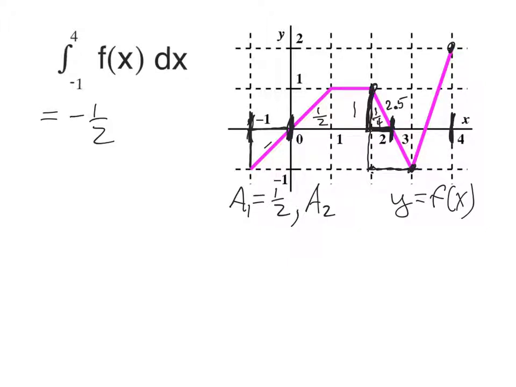Okay, 1/4 is going to be 1/2 times the base, which is 1/2, times the height, which is 1. So the area of the second part from 0 to 2 will be 1 3/4.